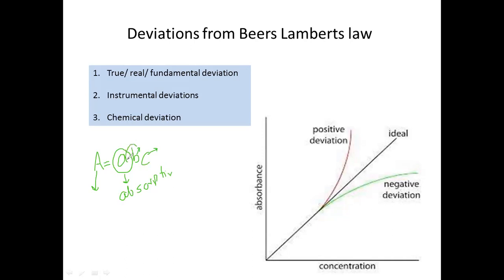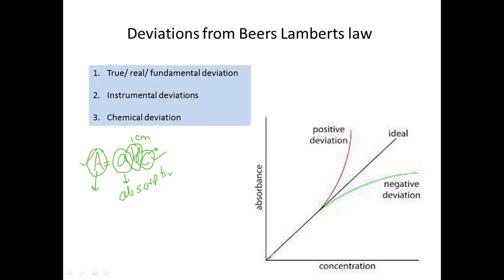Provided that we are keeping b constant, generally 1 centimeter, there is a direct relationship between A and concentration. So if the concentration of analyte is increased, the value of absorbance will also increase.